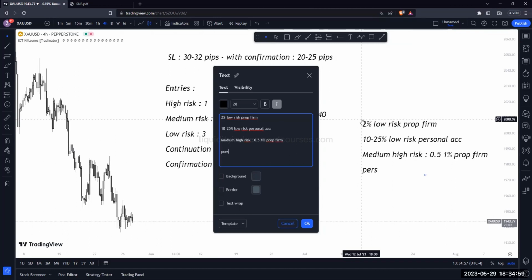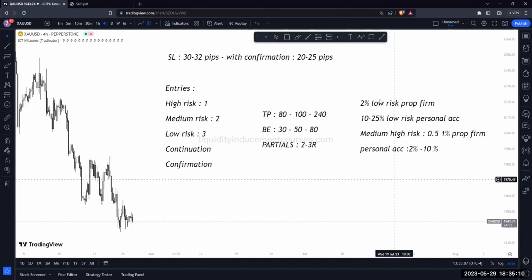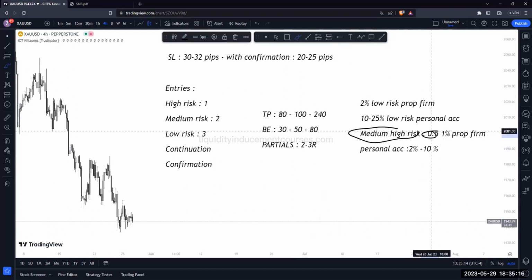On personal account, you're going to have 2% to 10%. Okay, so on prop firms, you're going to risk 2% on low risk. On medium risk, you're going to risk 0.5 to 1% on prop firms, and I don't even suggest you take these on prop firms. I suggest on prop firms you only focus on low risk setups.